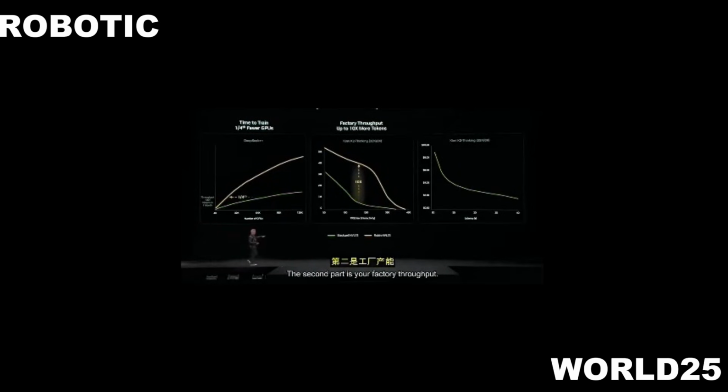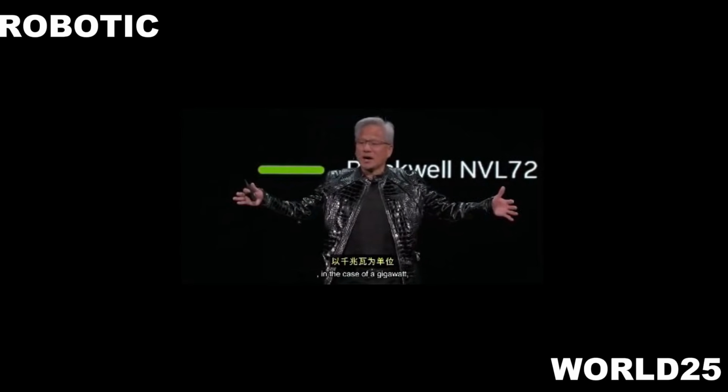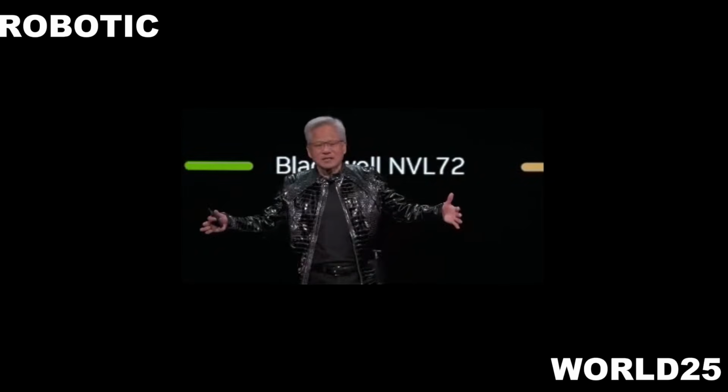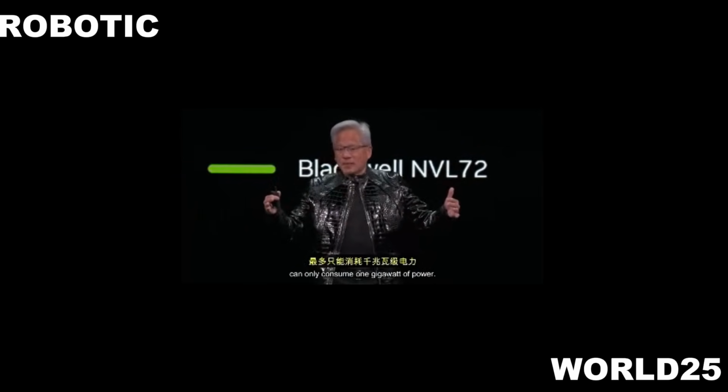The second part is your factory throughput. Blackwell is green again, and factory throughput is important because your factory is, in the case of a gigawatt, $50 billion. A $50 billion data center can only consume 1 gigawatt of power.